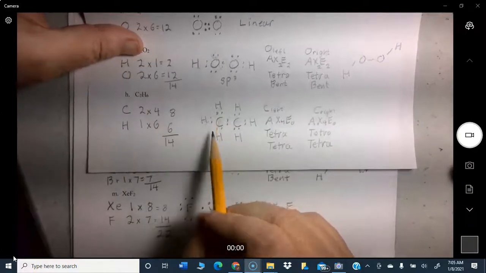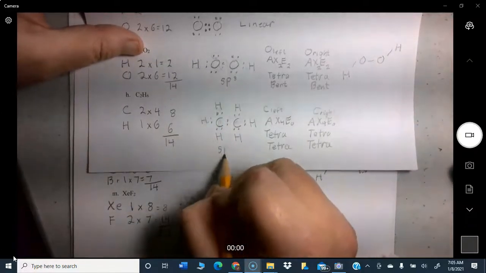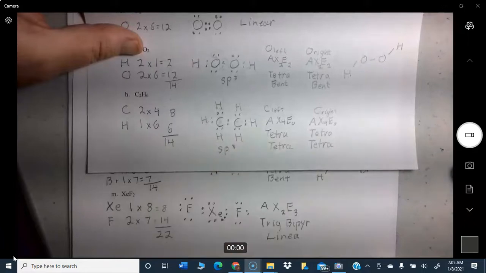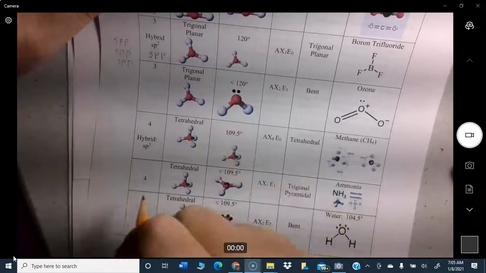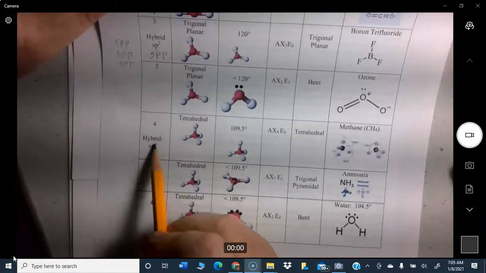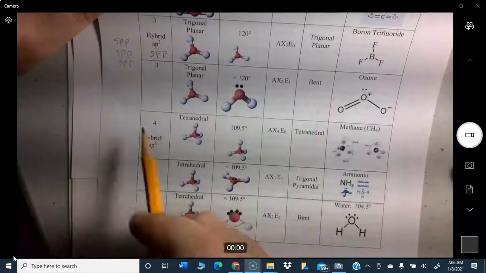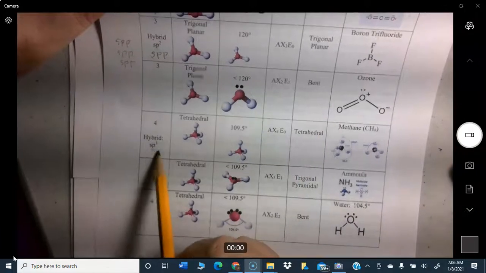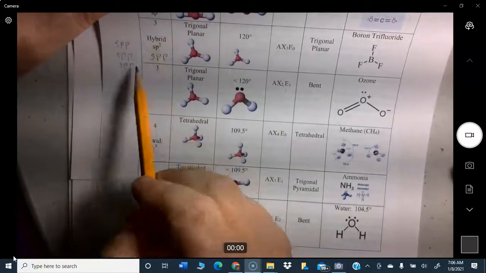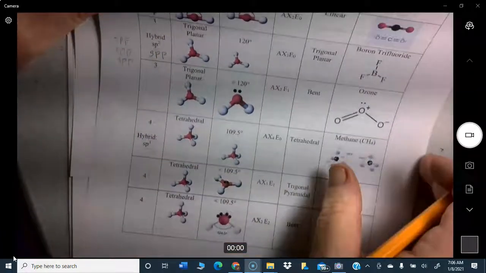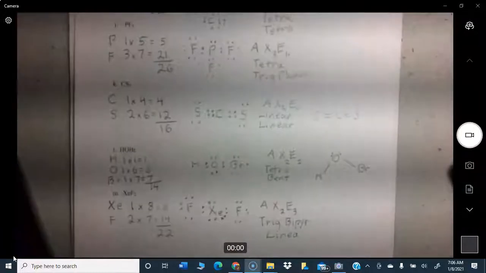Okay, this one is also tetrahedral. It's also sp3. Again, all you have to do is see what family it is in, and all of these are sp3s right here. Because 4, 4, 4 is sp3, 3, 3, 3 is sp2, and that's how you do it. It's not hard.